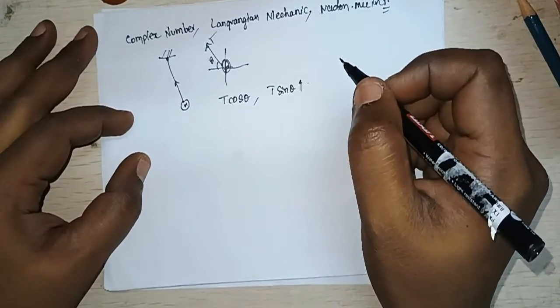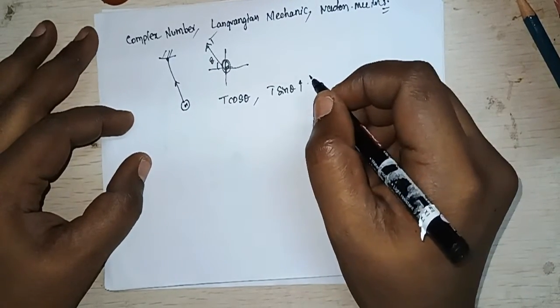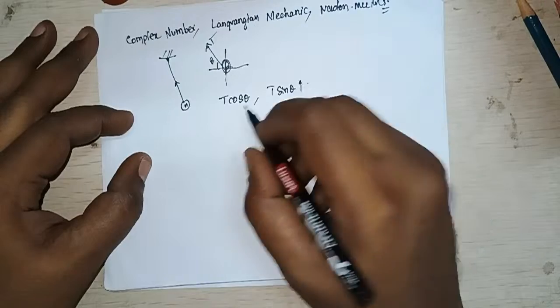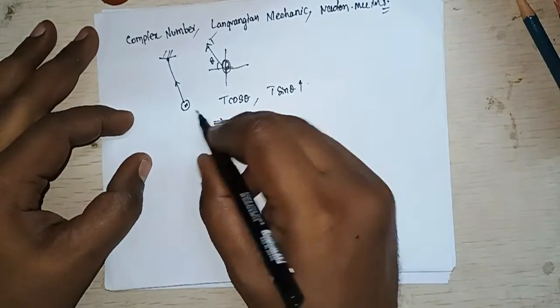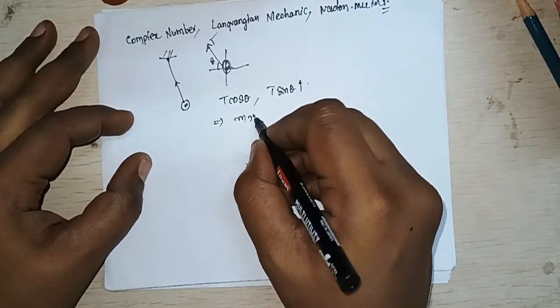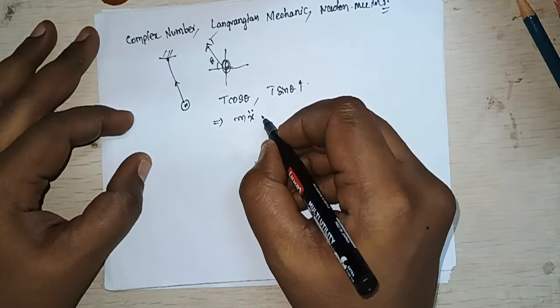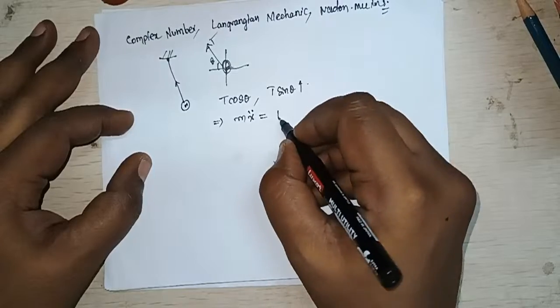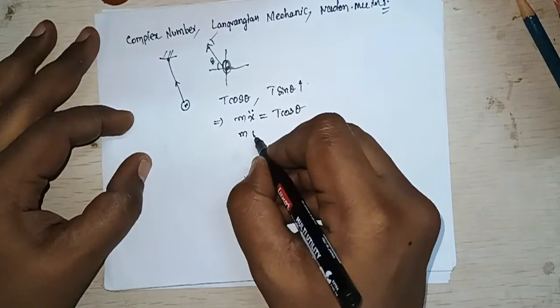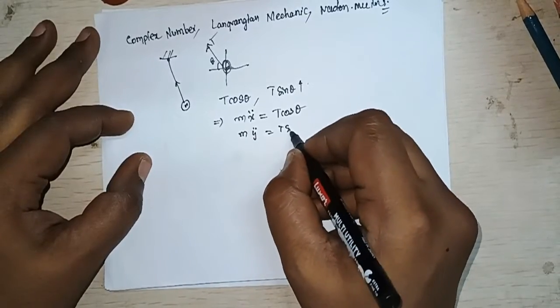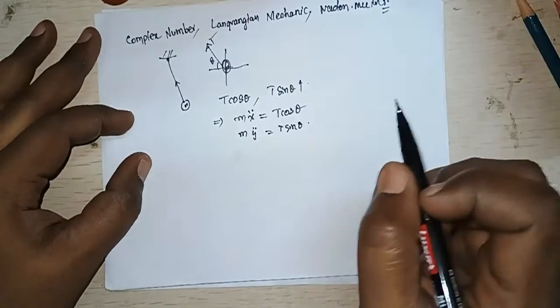Then m x double dot is equal to T cos theta, and m y double dot is equal to T sin theta.